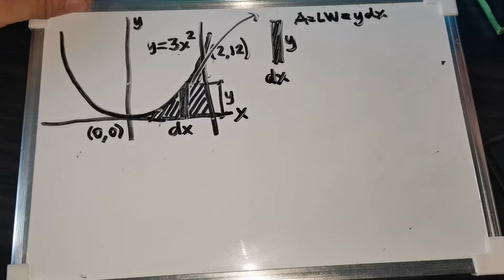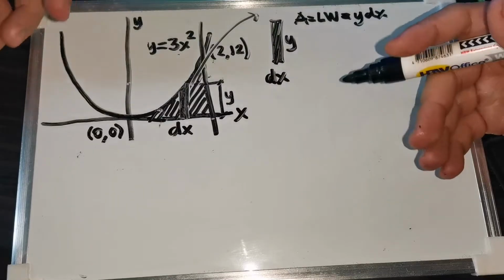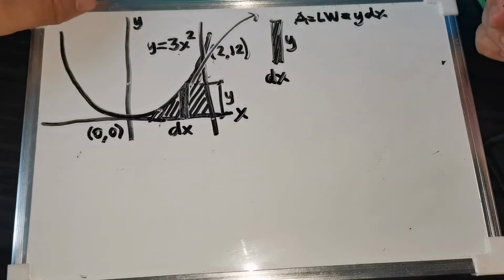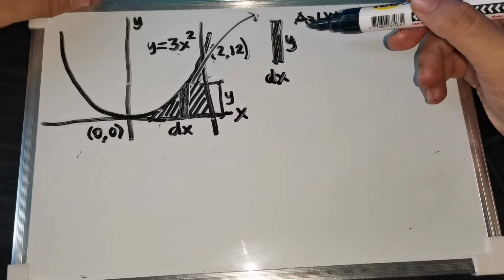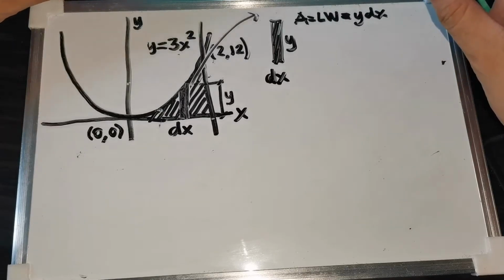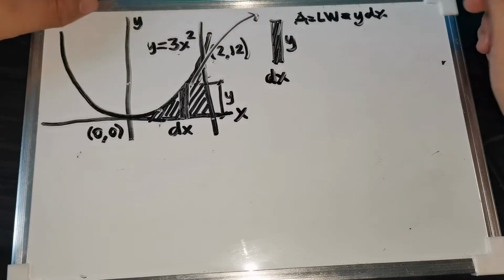That's why we need to put a lower and upper limit, and apply the concept of integral to get the area of an irregular curve, considering this vertical strip from that portion of a curve.